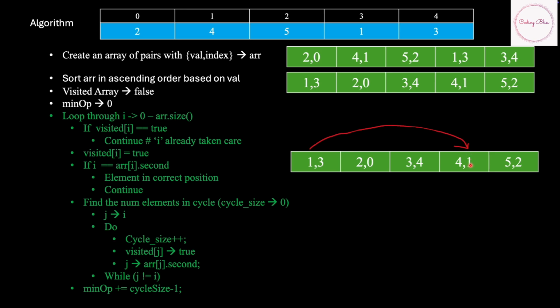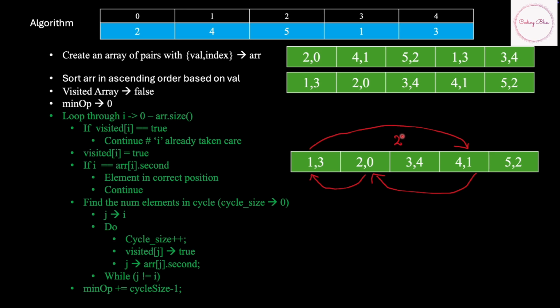There the current value is 4, and it is pointing to 1, and there you have 2, and that is now pointing to 0. So now you will get your cycle size as 3. So the minimum operations needed to swap these will be 2.